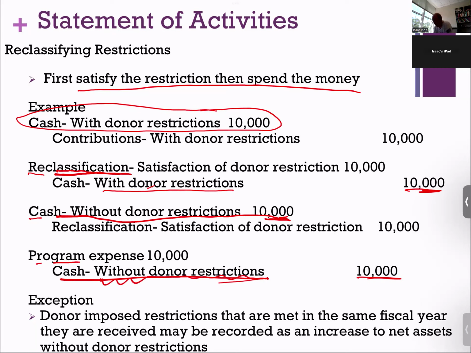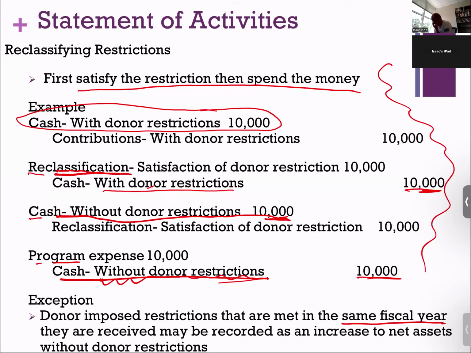Okay. The only time you don't have to go through this process, and don't overanalyze this, you'll start to recognize this as you do lots and lots of practice problems, is if we receive donor restricted funds and then we meet those restrictions in the same fiscal year. Then we don't have to go through this whole process.